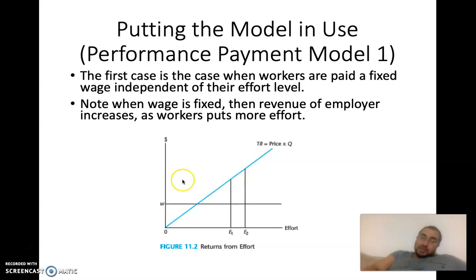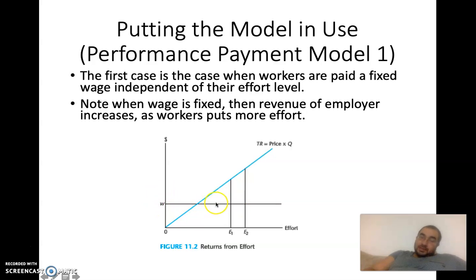But assuming that W is per effort level here, in this case we assume the contract fixes a wage which is a bit large W, but if we divide that large W by the minimum effort level, we get V. In that case, V is actually the wage our worker gets per effort level.